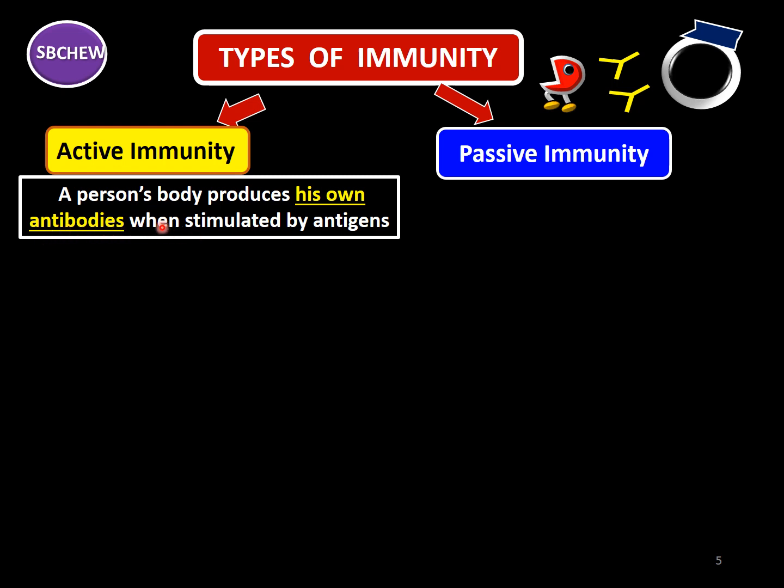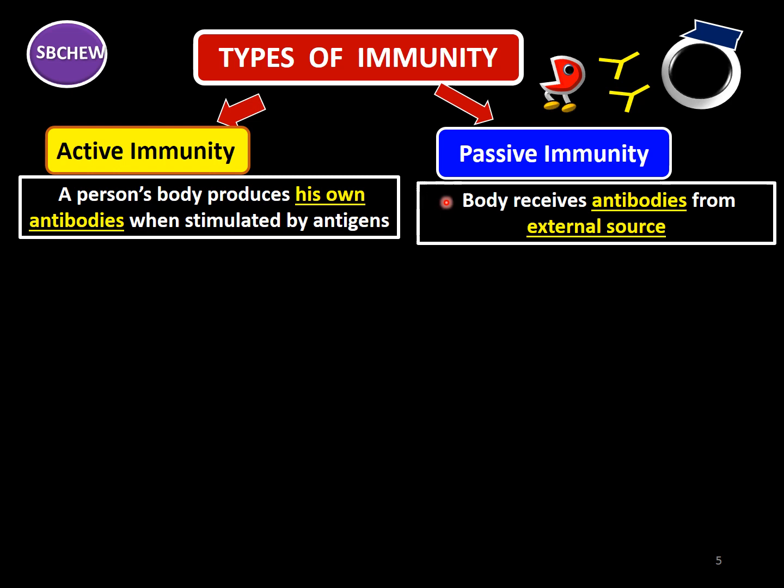And these antibodies are produced in high concentrations to destroy a specific antigen that has entered the body so that it will not cause disease. So a person's body actively produces his own antibodies, or his lymphocytes actively produce their own antibodies.